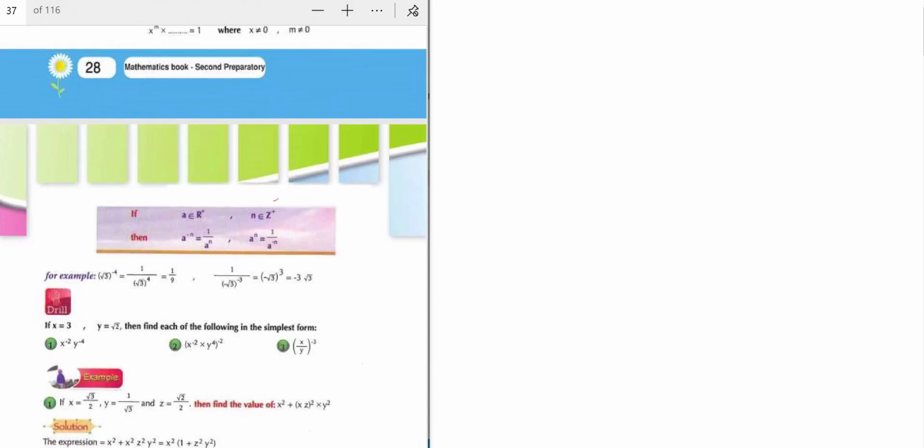An important rule: if a belongs to R star and n belongs to the positive integers, then a power negative n equals 1 over a power n, and the inverse: a power n equals 1 over a power negative n.